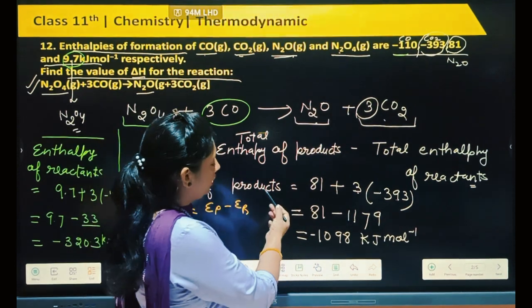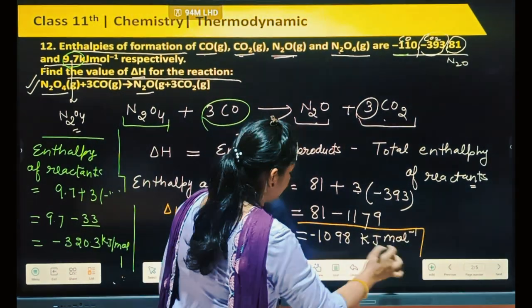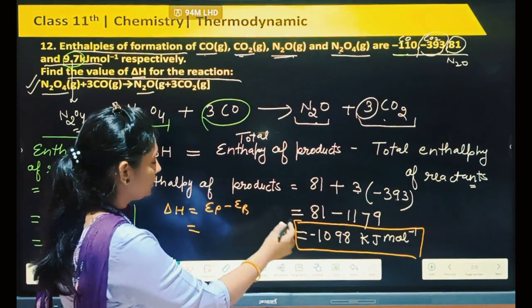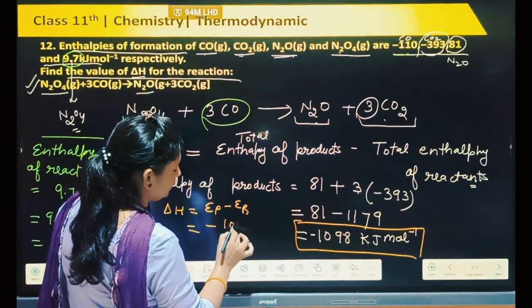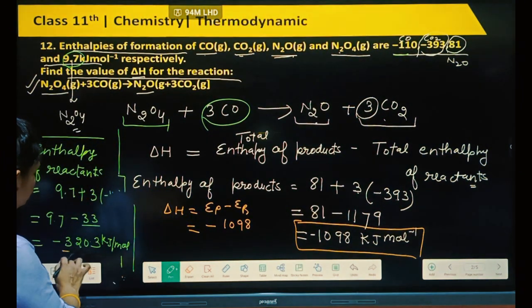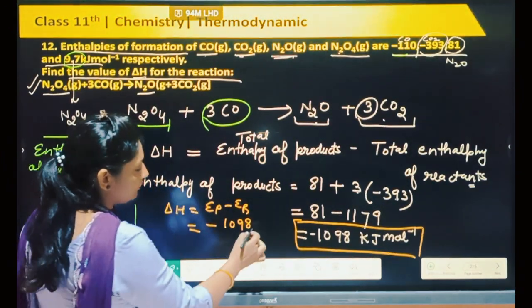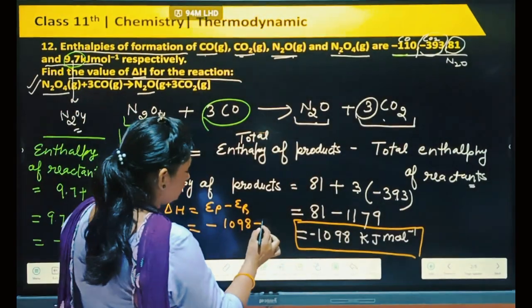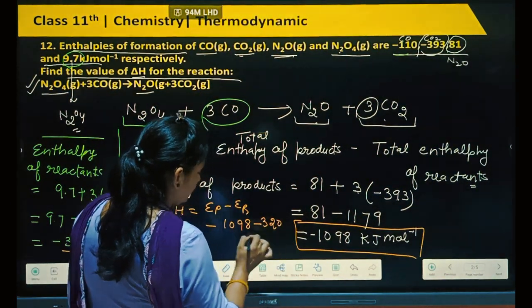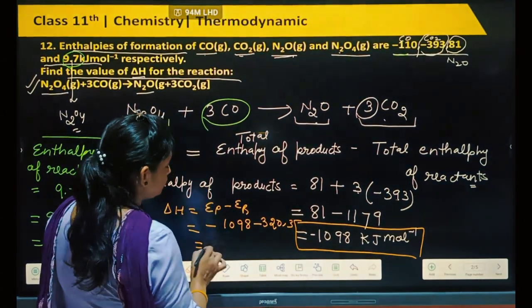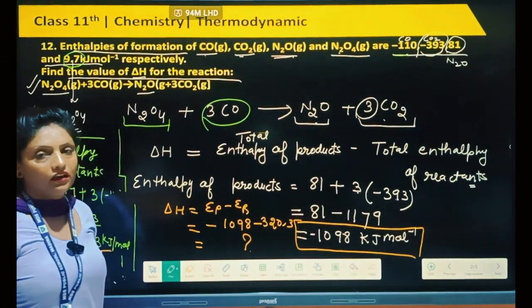We have calculated this one, minus 1098. Then for reactant, minus, it is minus 320.3. Then student, you will calculate this.